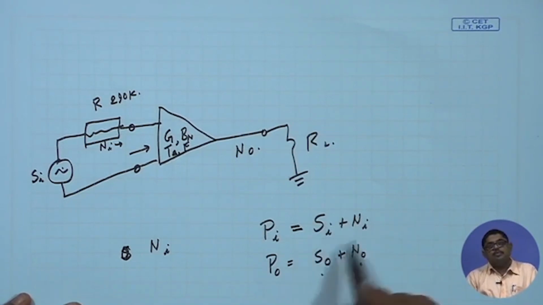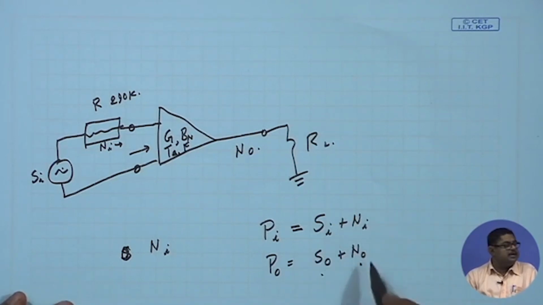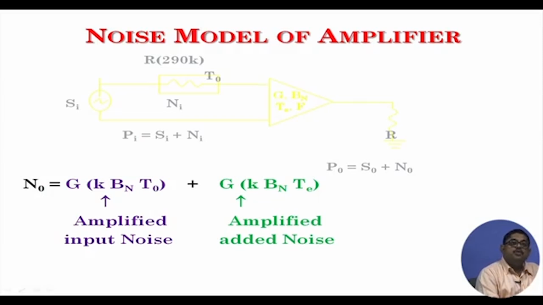When they are mixed we cannot separate them, but for analysis we do it like this. Now you can look at the value of the output noise power. Since this amplifier has a gain G, it multiplies the input noise power, that means G into Ni.